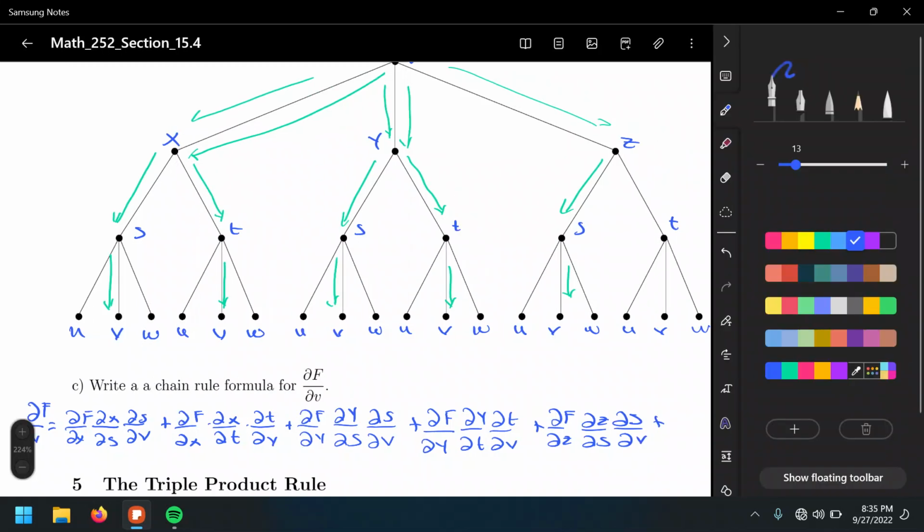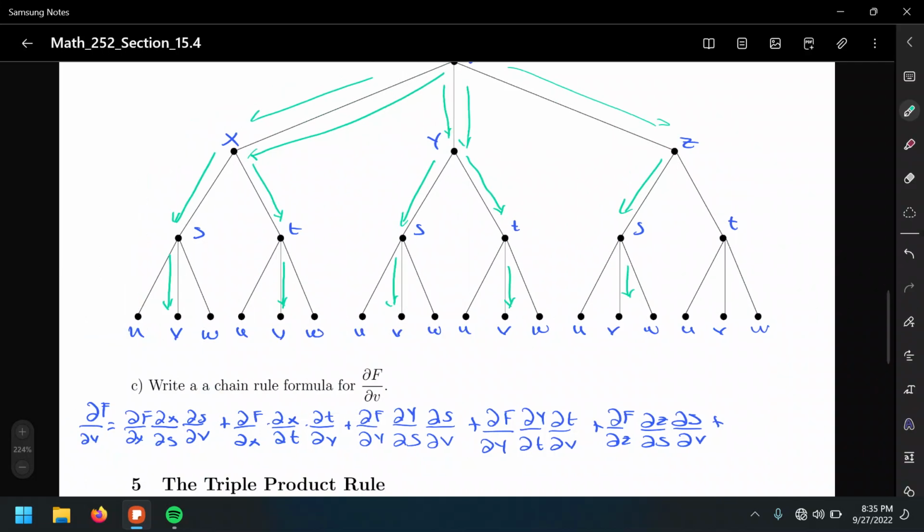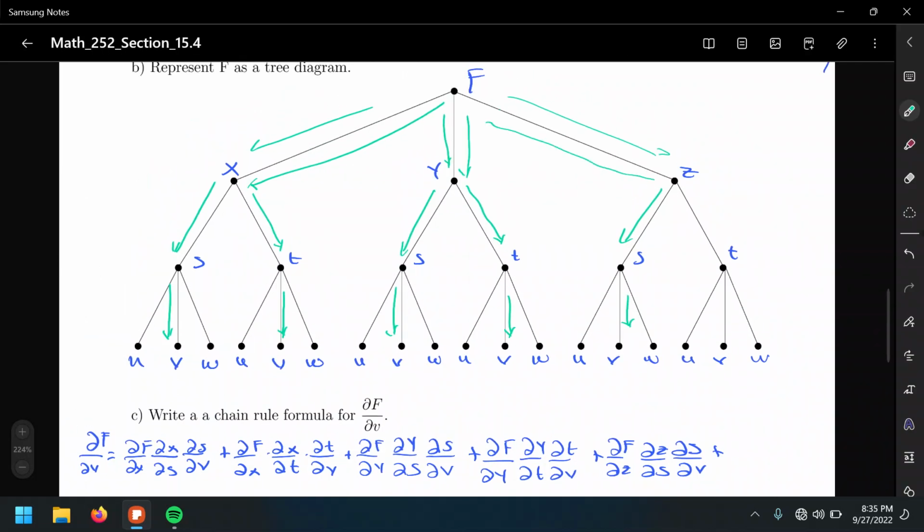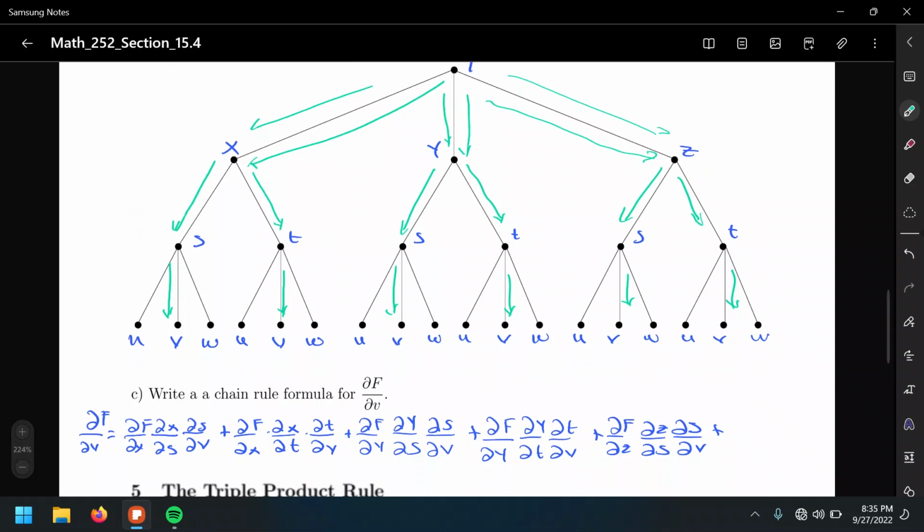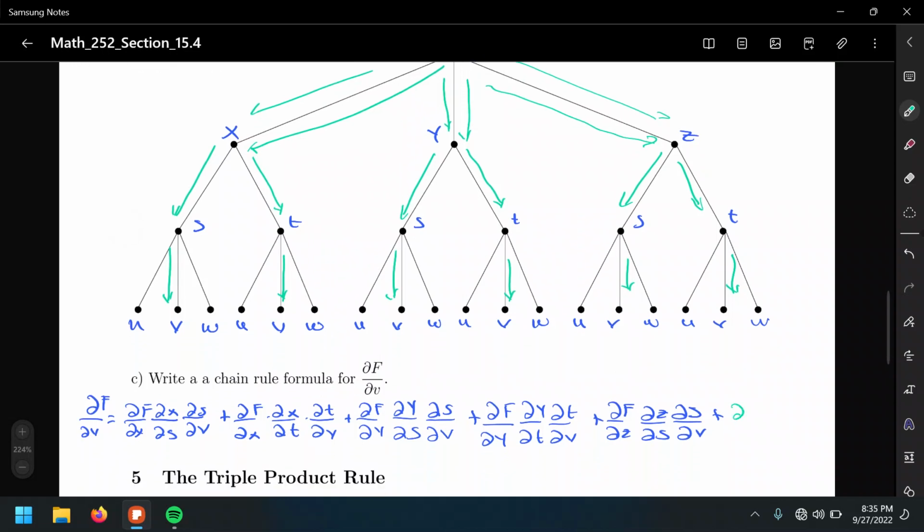And the last one, finally, we can go from f to z, but this time from z to t and t to v. So partial f with respect z, partial z with respect t, partial t with respect v.